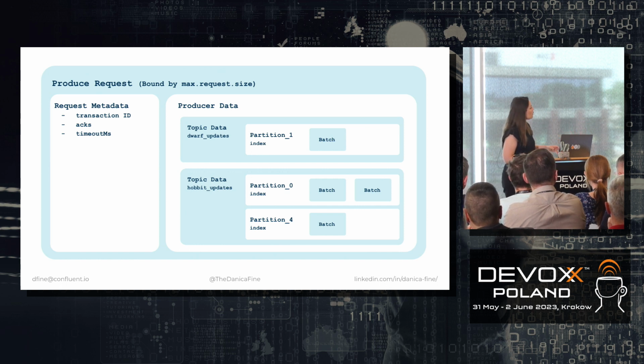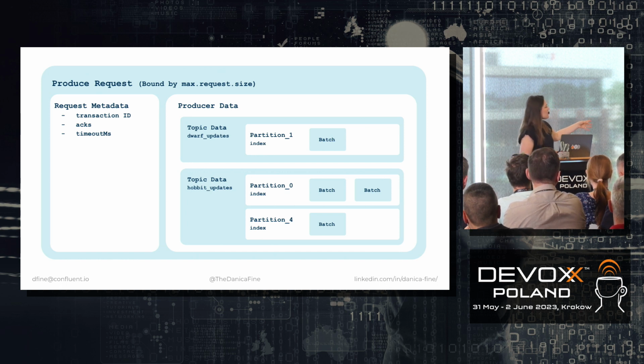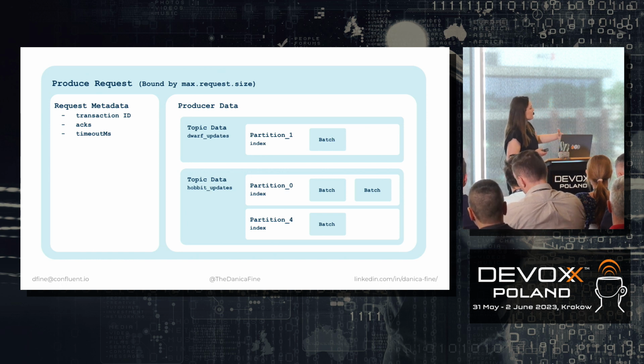All right, so not only do we have the data destined for the Hobbit updates topic, we also have the dwarf updates, right? And we're shipping some data with one batch off to partition 1. Within the topic data that's going to Hobbit updates, we could have many partitions that exist on that single broker. And so we could have several batches destined for partition 0, and maybe just one destined for partition 4. All right? So that's what that looks like.